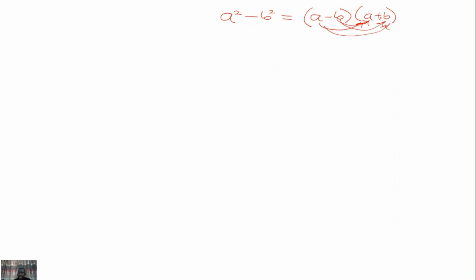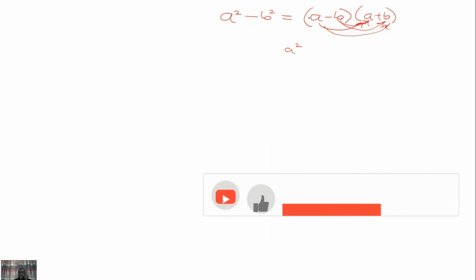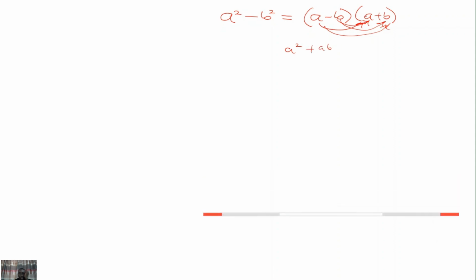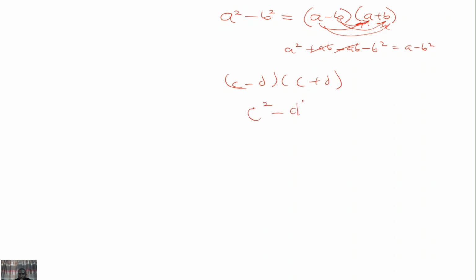A times a, that will be a squared, plus a times plus b, that will be plus ab, minus b times plus a, that will be minus ab, minus b times plus b, that will be minus b squared. So plus ab minus ab will cancel each other and this will be equal to a squared minus b squared. Meaning that if you have an expression like c minus d bracket c plus d, you can actually express it as c squared minus d squared.